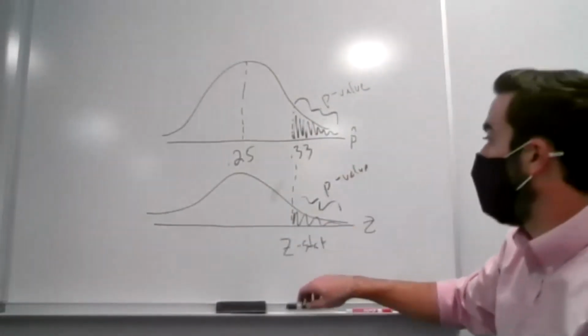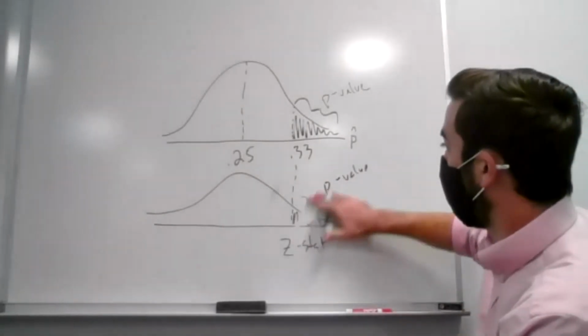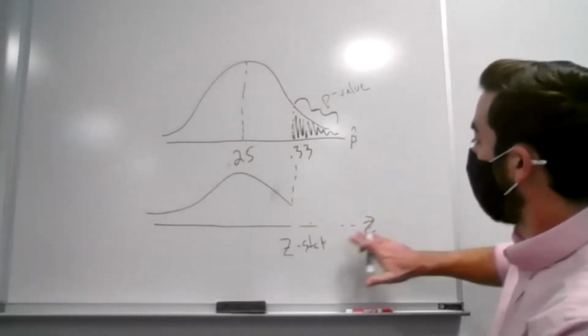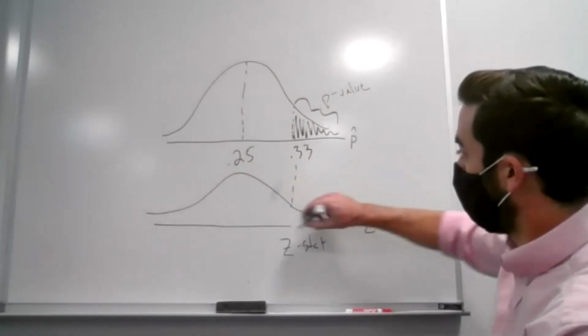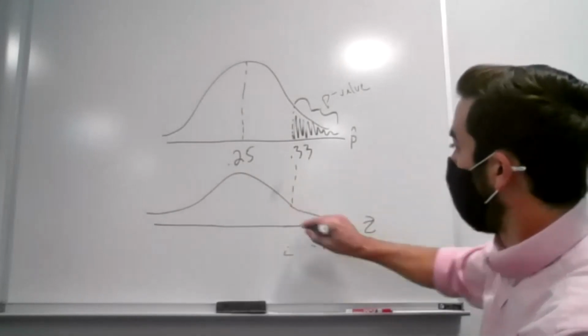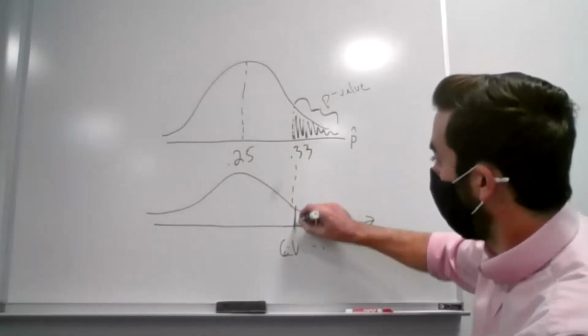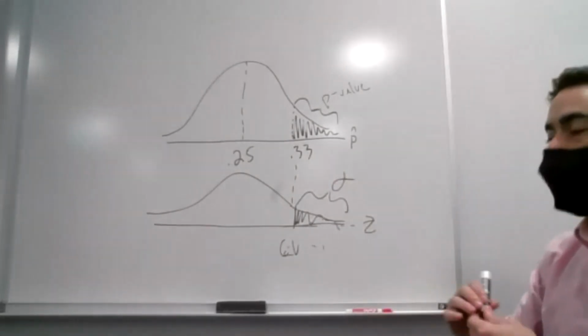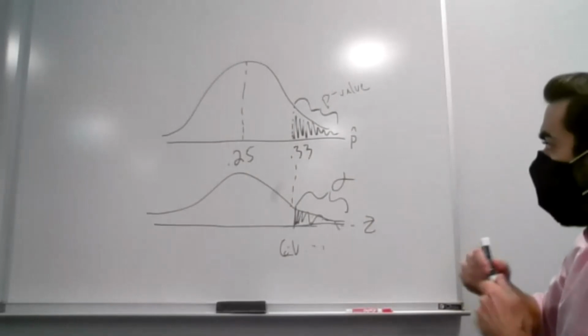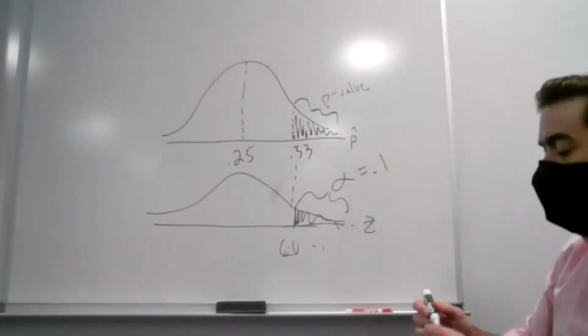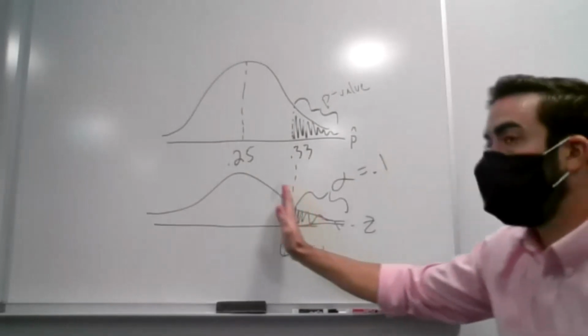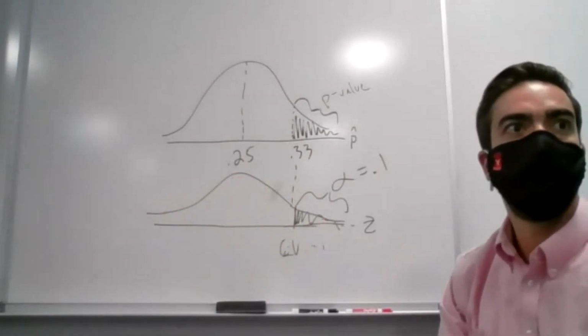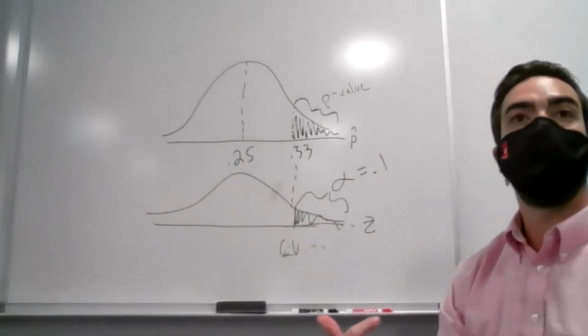I'm dealing with that standard normal distribution, and I want the critical value that gives me whatever alpha level I set. So our alpha here was 0.1. By hand, we would look up on the table the area to the left, which was 0.9, and then it would return to me my critical value.